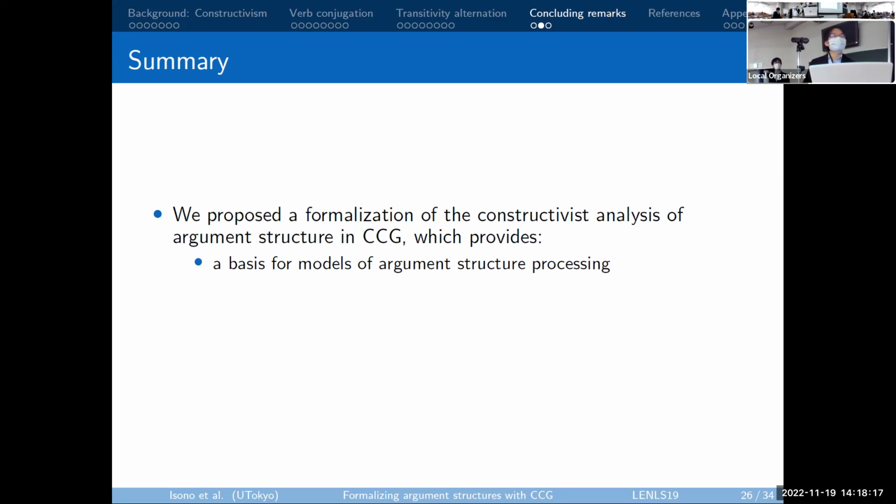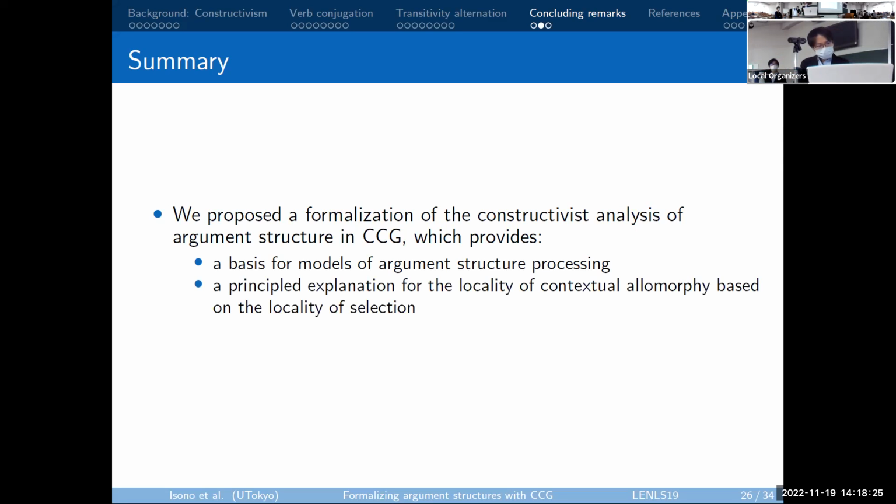That is why we focused on CCG, while also integrating some knowledge from distributed morphology. And we also argued that it provides a principled explanation for the locality of contextual allomorphy based on the locality of selection. So now contextual allomorphy is just reduced to selection, at the cost of a probably a bit larger lexicon.